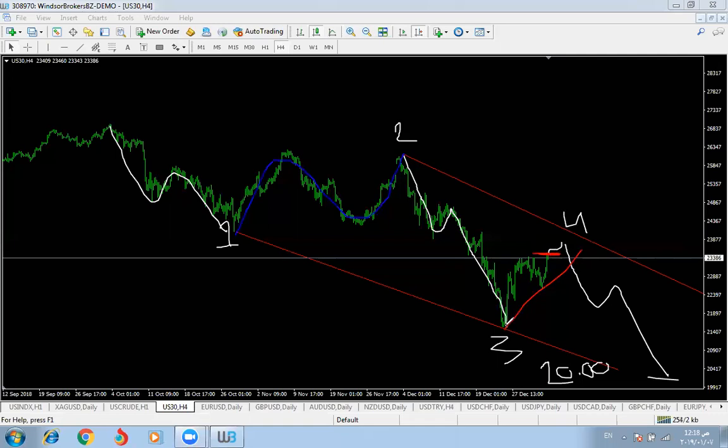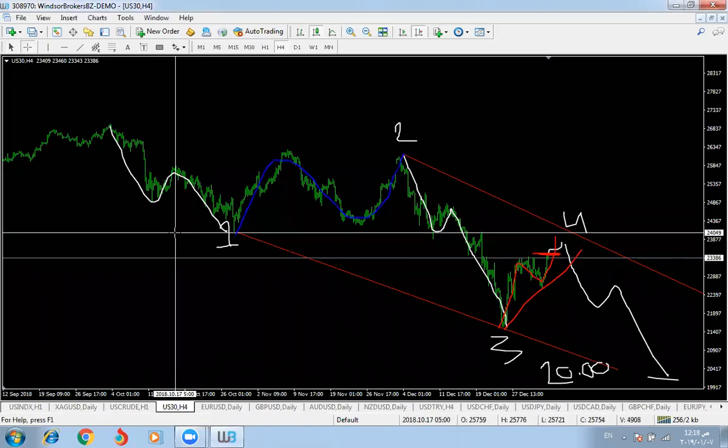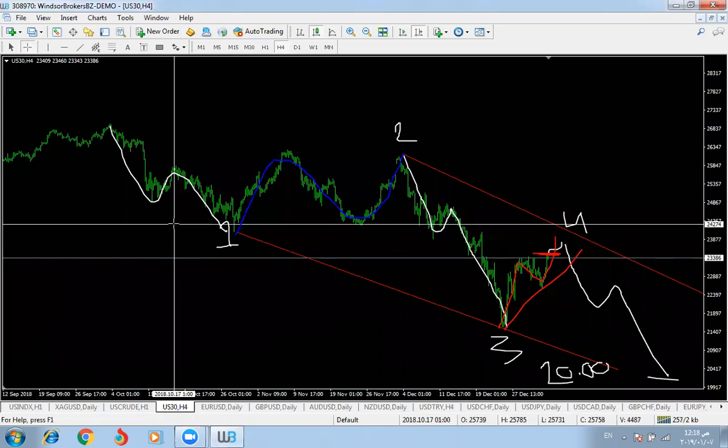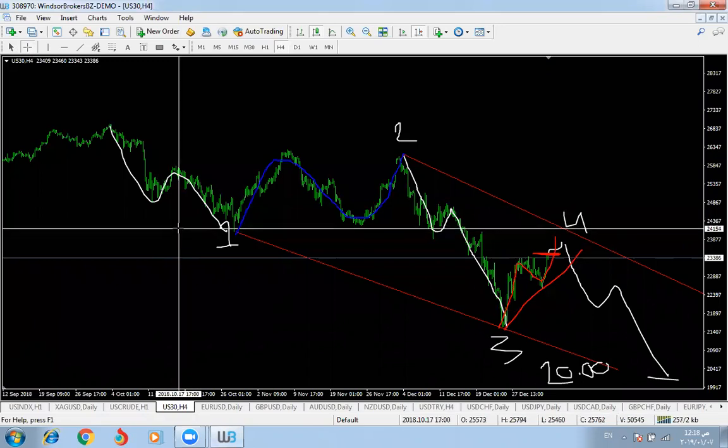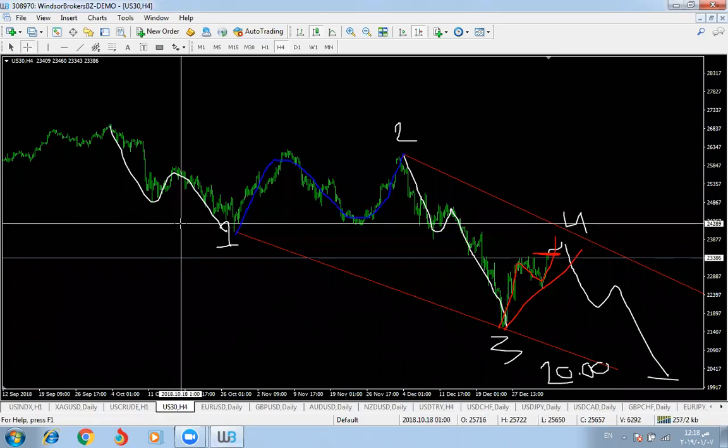we should not see equality between these two legs. And it is not necessarily for the contracting ending diagonal to have the price crossing between wave 1 and 4.